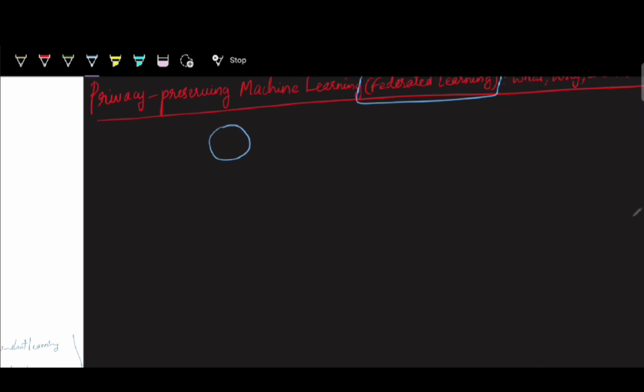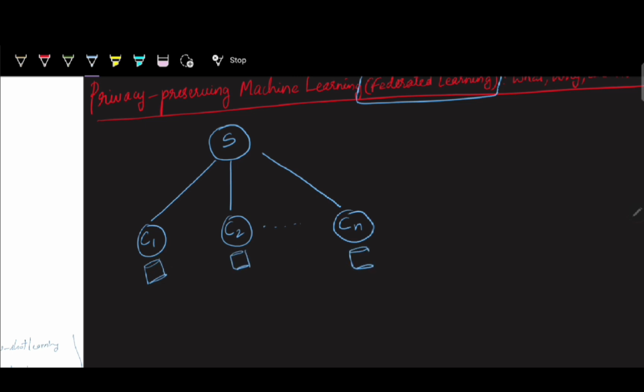So basically we have a server and n clients, C1, C2, and so on up to Cn, where data is entirely located at the client sides, the data owners, and cannot be shared with any of the other entities or the server. And only model sharing happens between the clients and server, as we discussed in the last part.